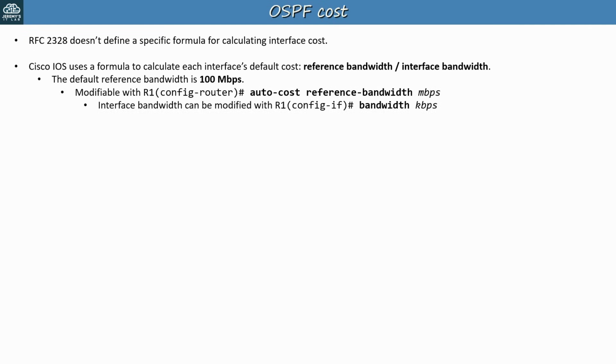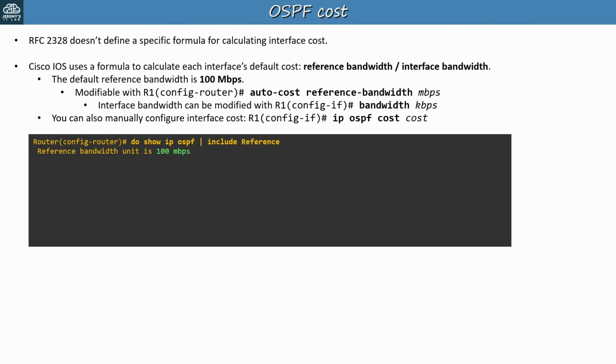And you can also change an interface's bandwidth value with the bandwidth command. The bandwidth command doesn't actually change the speed at which an interface operates. It just affects the value that is used in the OSPF cost calculation. And you can also manually configure the cost of an interface with ip ospf cost. But for now, let's focus on the auto-cost formula.